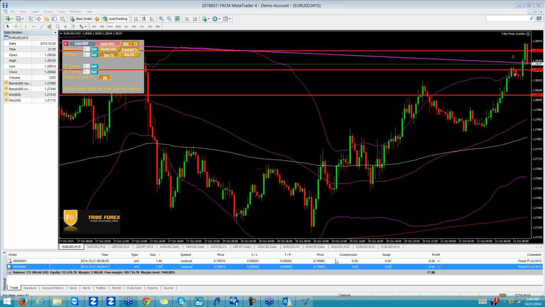It's a real pain. So you've got to get out of whatever position you got in first. FIFO means first in, first out. So if we took the fixed TT trade first, then you've got to get out of that fixed TT first, and then you can get out of the trend position afterward. Does that make sense?